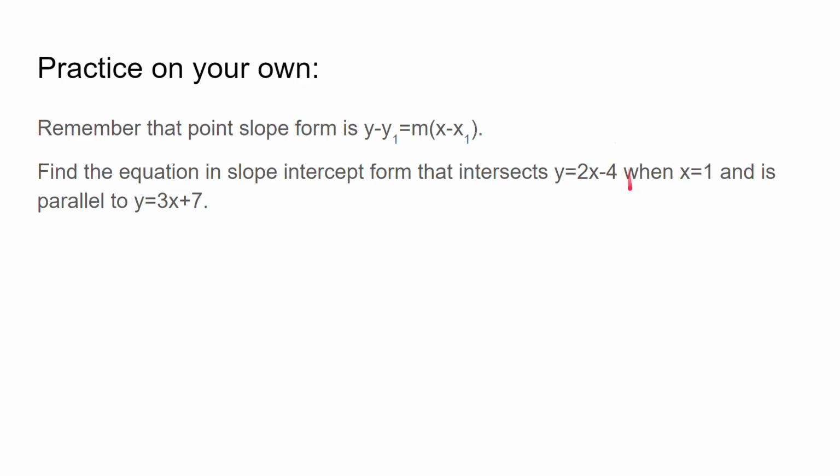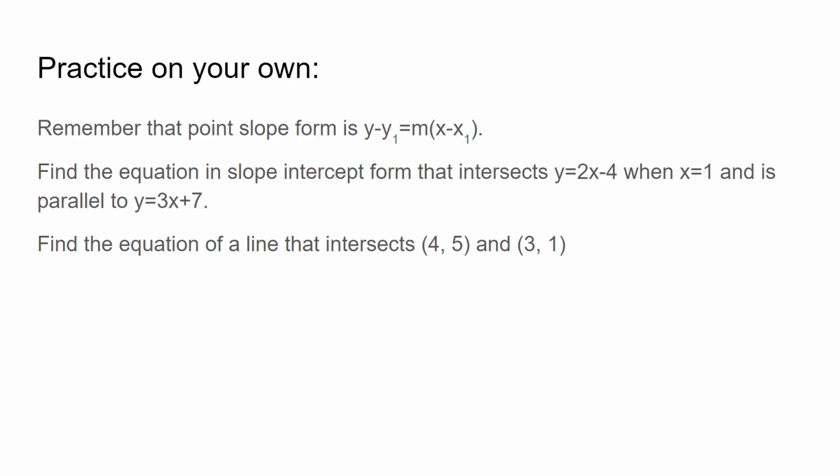The only thing that matters about it is the point that the line is on, and the only thing that really matters about this equation is the slope, because when two lines are parallel, they have the same slope.